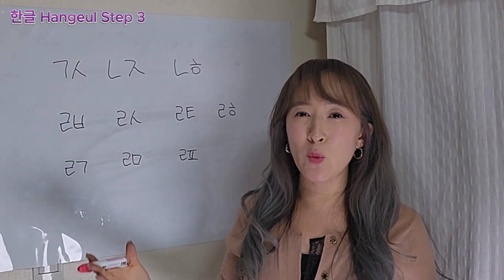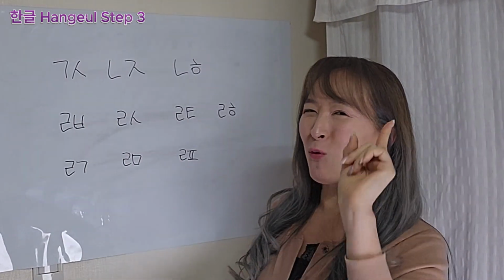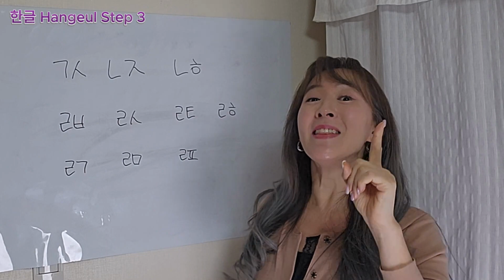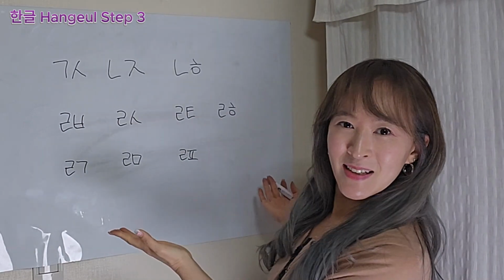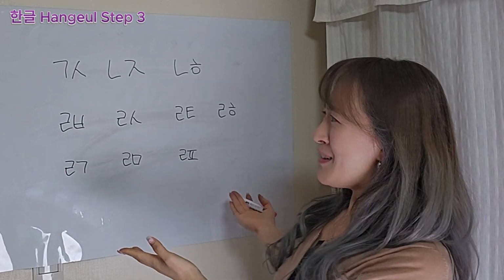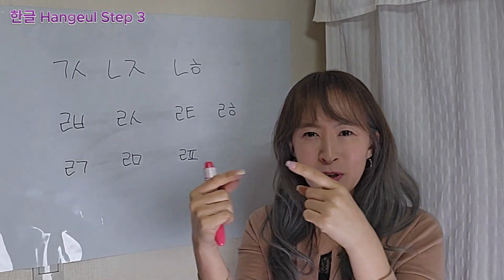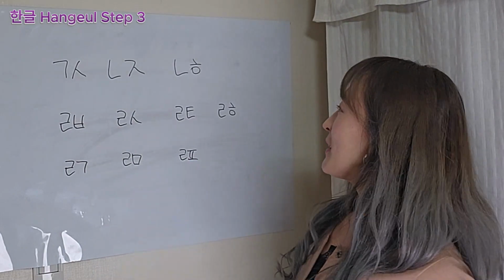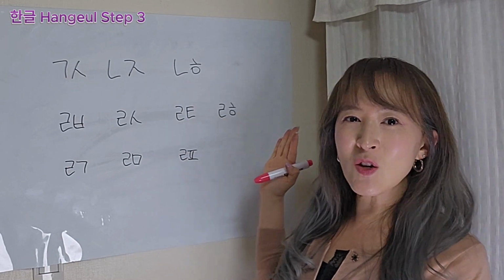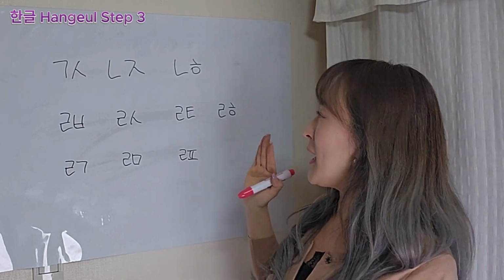Just when you thought we were done with Hangeul finally, we just have one last thing. The highlight of this video is... maybe you're confused. Maybe you're thinking, maybe I should put two consonants just together too closely. Actually, these are also double consonant 받침.